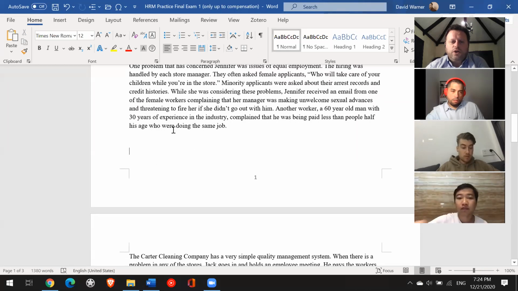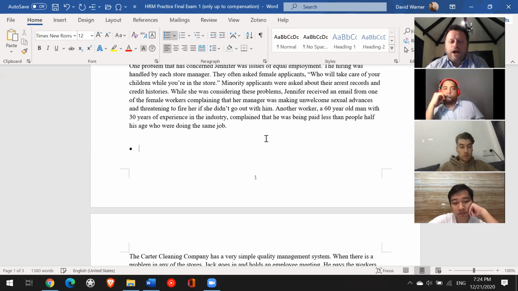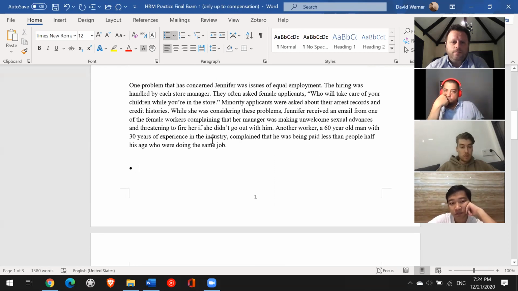So if we were going to write an outline of this first paragraph, what would we be talking about here? We know that the topic is laws. Now, what are we going to discuss in this topic first?